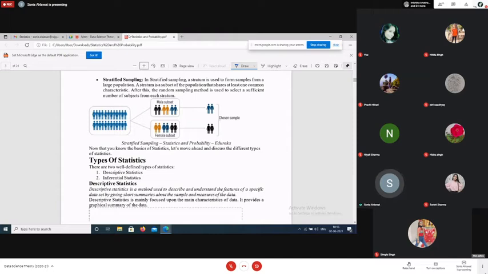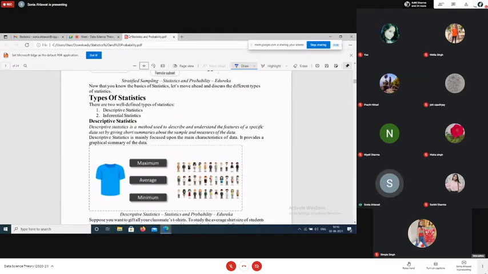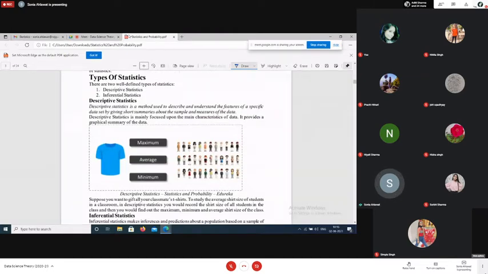So we had gone for descriptive statistics and inferential. ये हमने शुरू में पढ़ा था. So यहाँ पर अब जरा generally बात कर लेते हैं what we mean by descriptive and inferential. See class, descriptive is used to describe and understand the features of a specific data set.